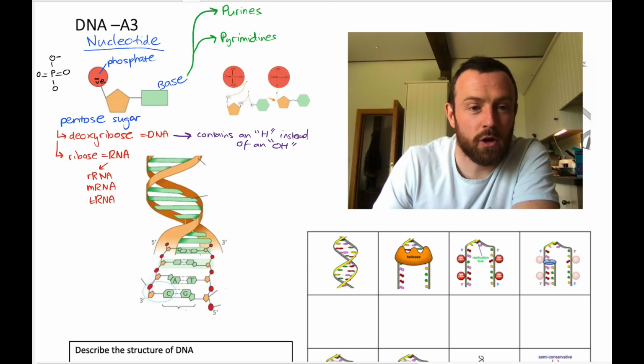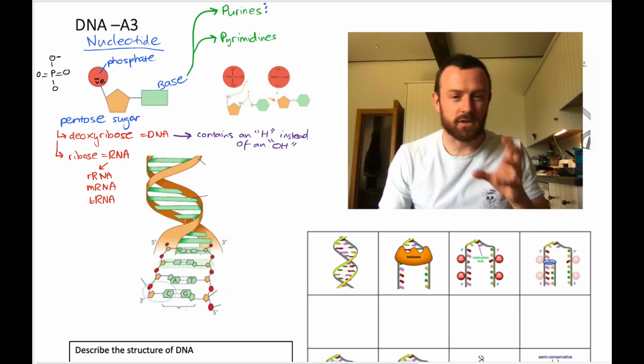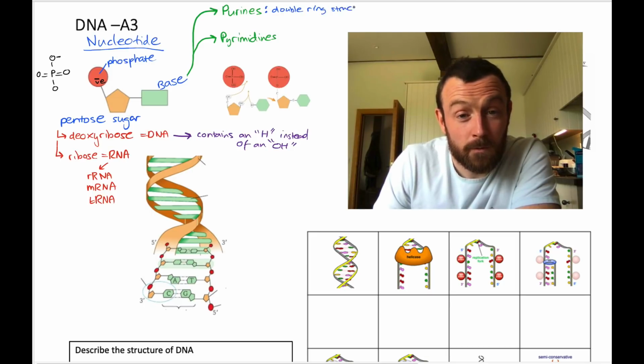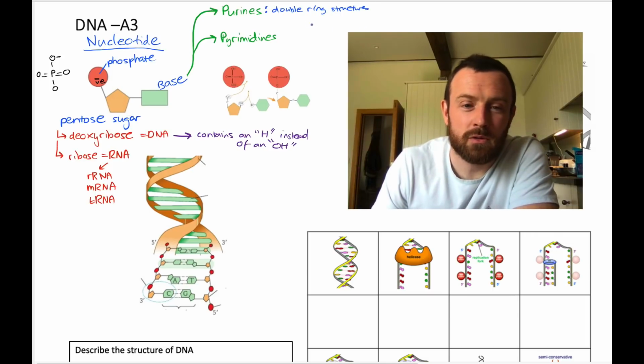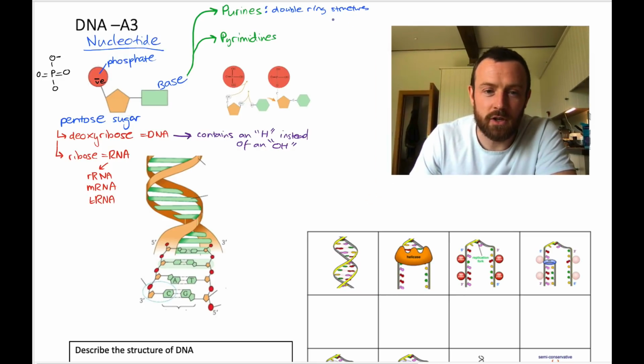So what are purines like? Purines are double ring structures. You don't really need to know the structure, but you should have an overview, so I'm going to try and draw one here.